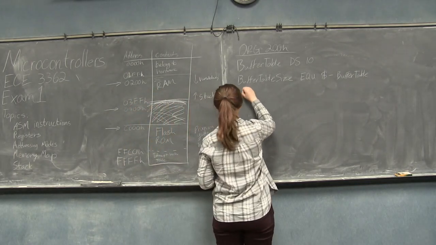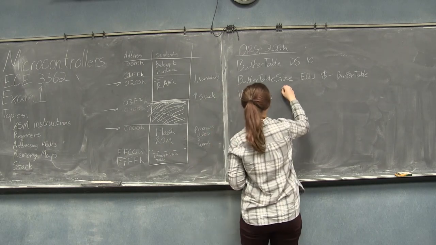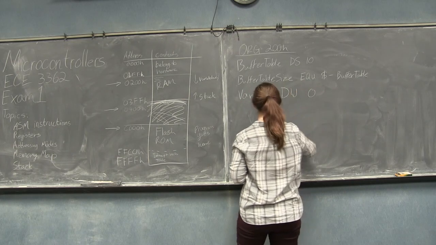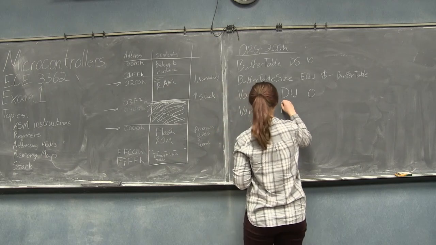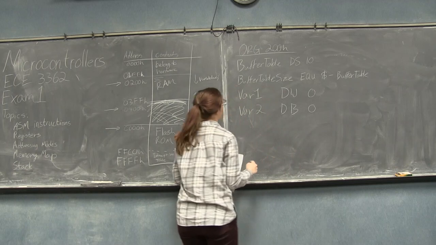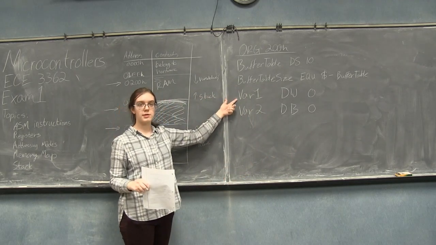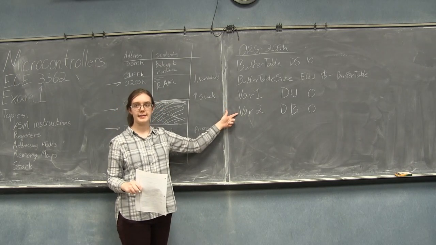So you could have bar1, define word. So say you want a word-long variable, you would define word, and if you would want a byte-long variable, you would define byte.